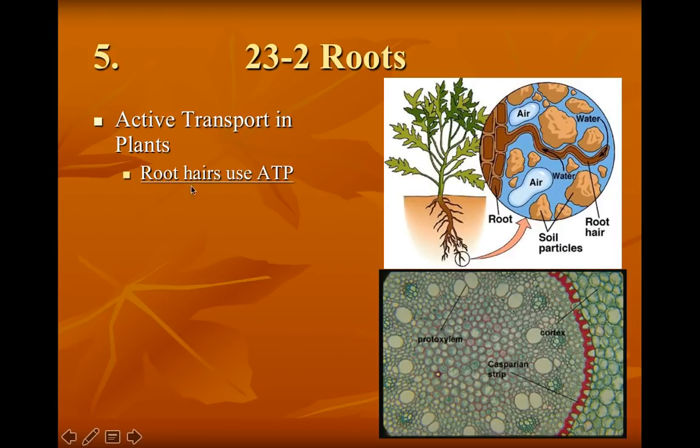So root hair cells are going to use this process of active transport, where they spend energy in the form of ATP to pump in things like nitrogen and potassium and phosphorus from the soil, pump those substances into the cell, so actively transport them in.